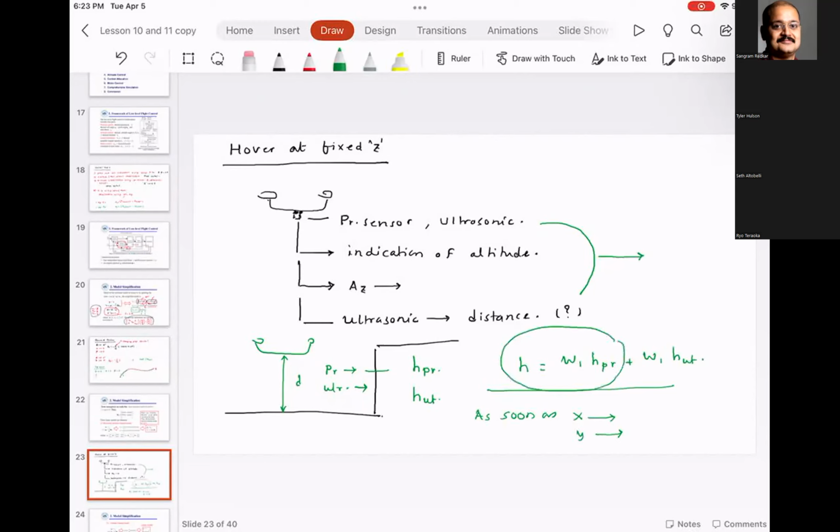So basically I would set W1 to 1 and W2 to 0. So this is the algorithm that you want to use if you want to have a stable hover at a particular location. Everyone understood this?